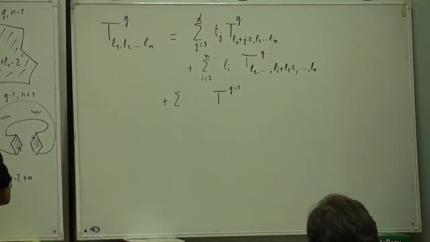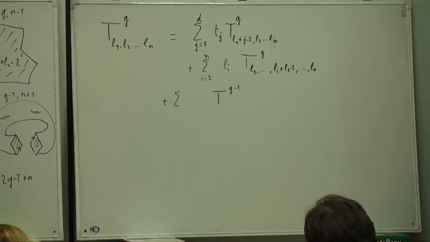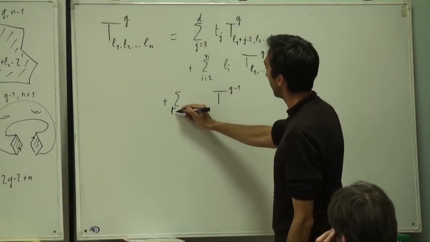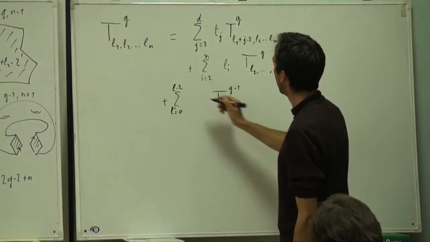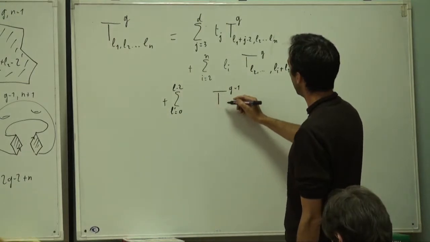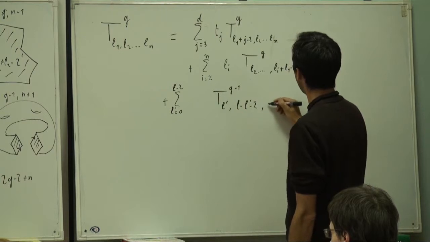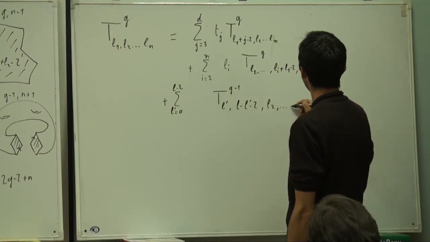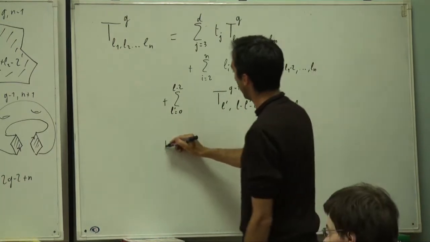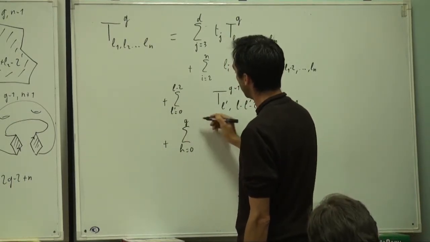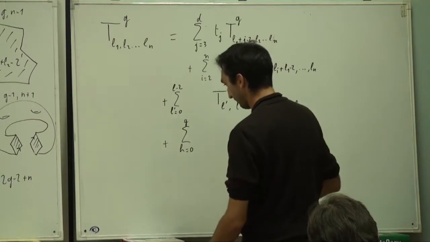So we must have L minus 2. So let's say this has length L prime and L minus L prime minus 2. So we have a sum over L prime equals 0 to L minus 2 of t, L prime, L minus L prime minus 2, L2, Ln. And here we will have sum from h equals 0 to g. No, sorry, let me write this first.